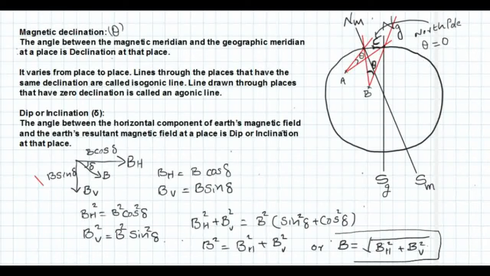So B is equal to root of BH square plus BV square is the equation for B from BH and BV.